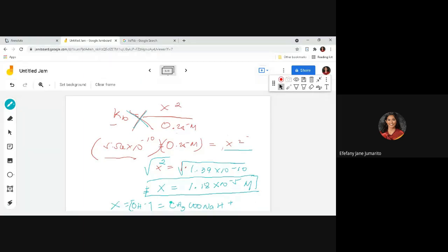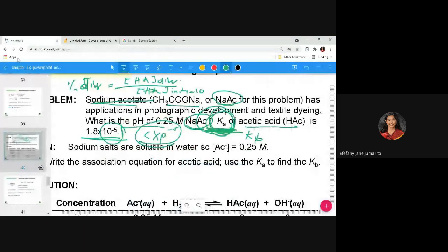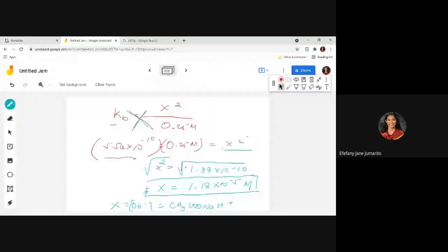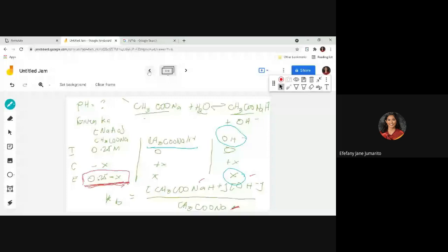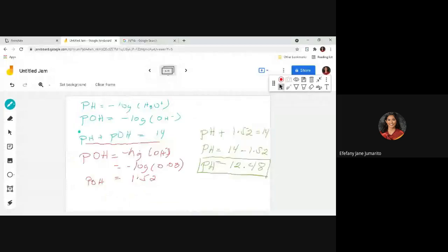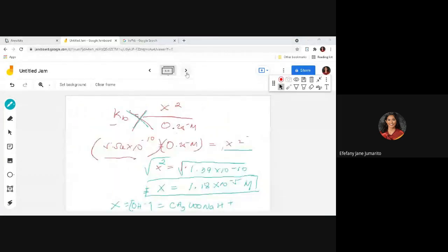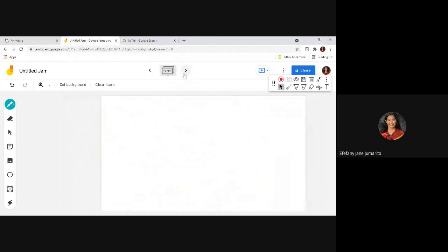Now, what are we looking for? We are asked for pH again. We have the value of x, so what is the next step, class? We will use this formula. It is easy.